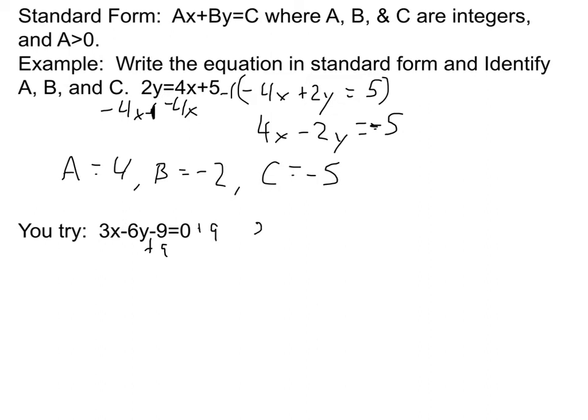So we're at 3x minus 6y equals 0 plus 9 is 9. And our a value, which is the coefficient with x, is positive, so we are in standard form. So a equals 3, b equals negative 6, and c equals 9.